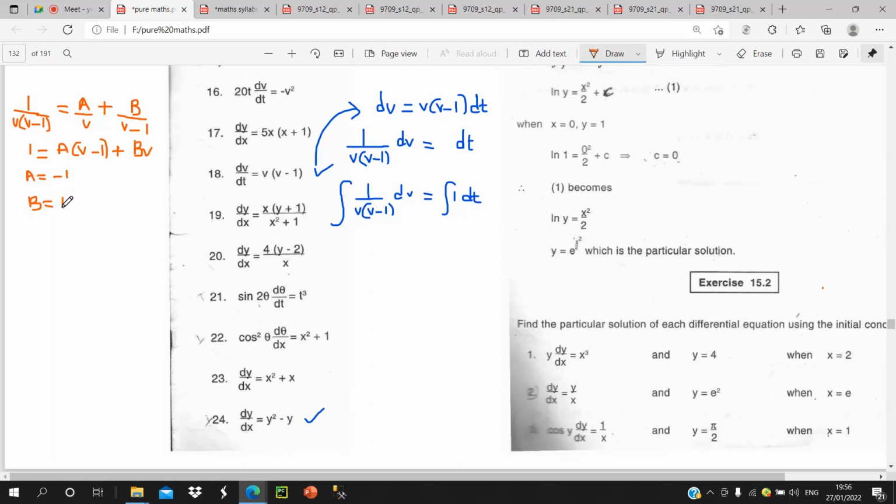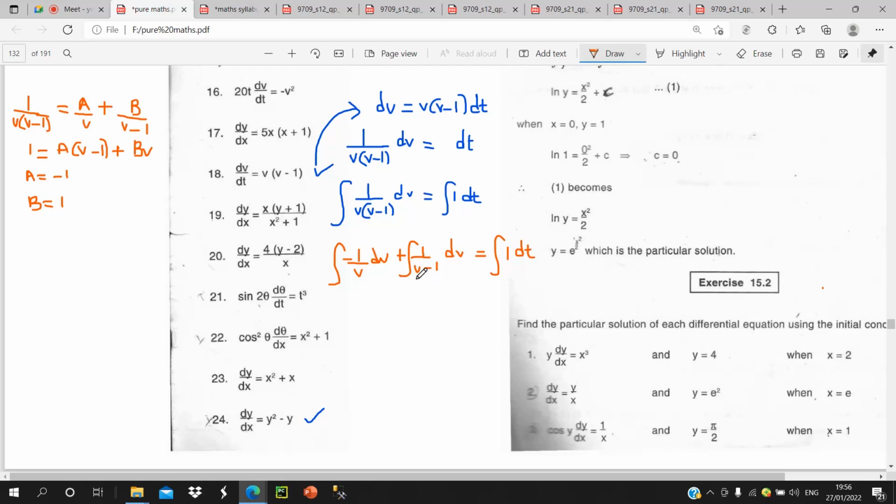Right? So integrating this will be the same as integrating minus 1 over v dv plus integral of 1 over v minus 1 dv is equal to integral of 1 dt, right?